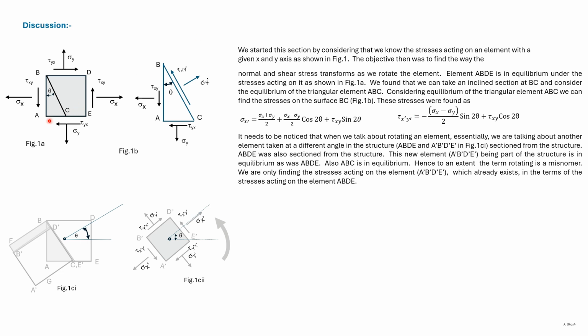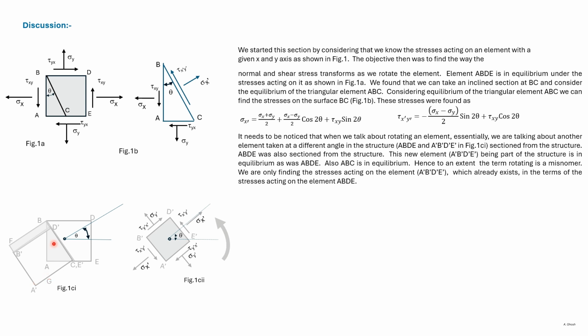The equations were obtained by considering the equilibrium of the triangle ABC. We can see here that BC gives the stresses on the face of the rotated element. While we mention rotation of an element, the element is not physically rotated.